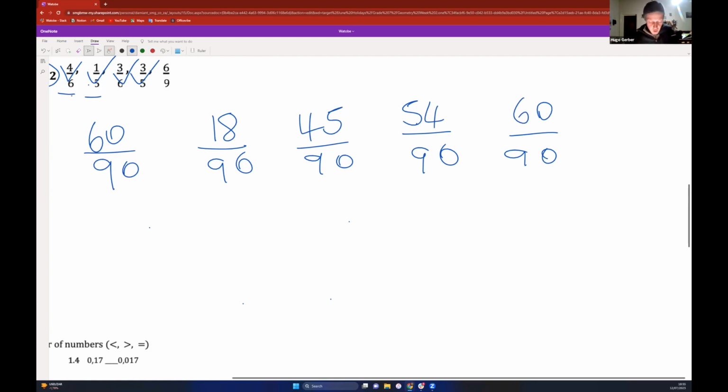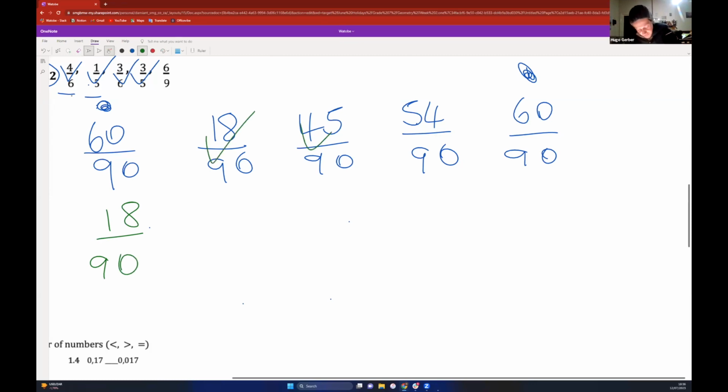Okay, let's order them. We have a 60 and a 60. Two that are the same. So that means they're going to be next to each other. Let's just double check that. Yep, it's a 60 and a 60. Okay, but we're going to start with the smallest one. That's going to be 18 over 90.